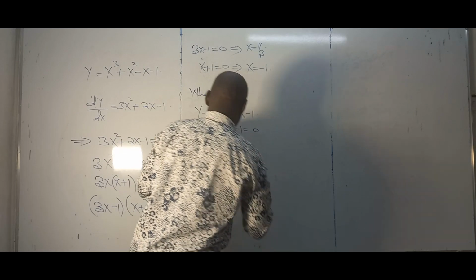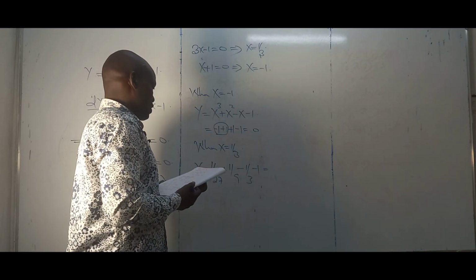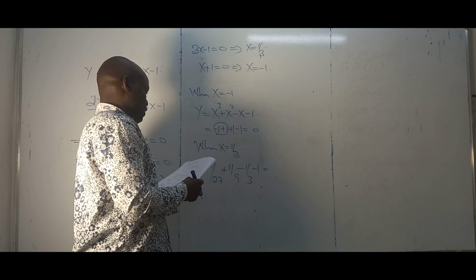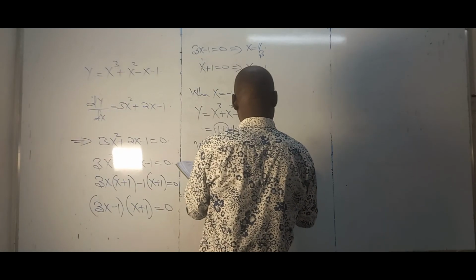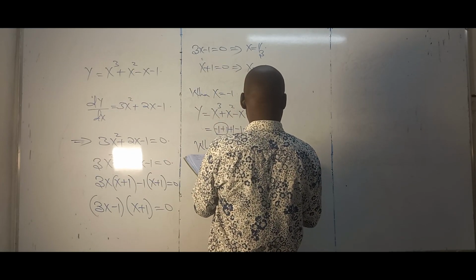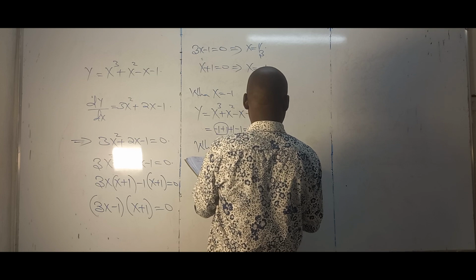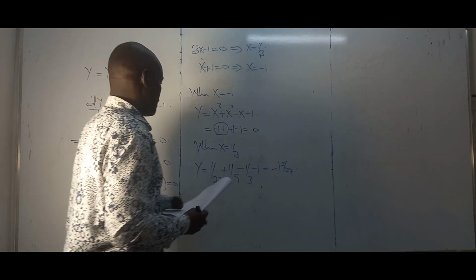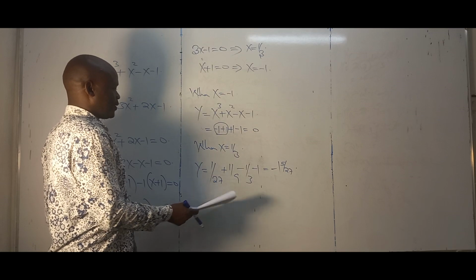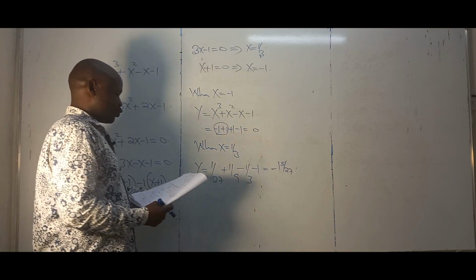If you work that out, you should be able to get minus 1, 5 over 27. Minus 1 and 5 over 27. So that basically gives us the 2 points that we want.